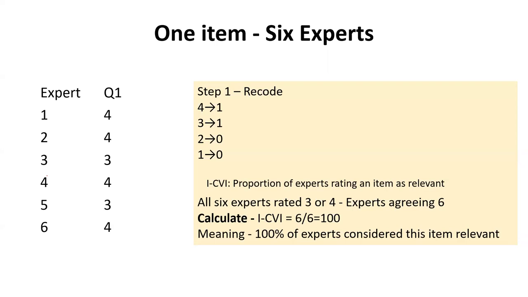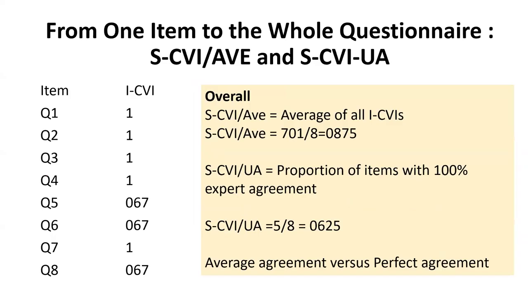So this is the item level content validity index. For each item, meaning each question in the questionnaire, I am going to calculate an item level content validity index. And I am going to be able to say what percentage of the experts think that this question is relevant. So that is the item level content validity index.